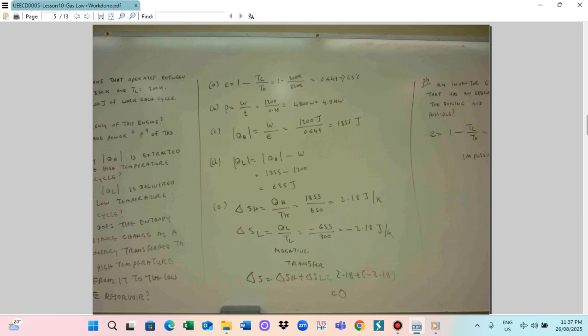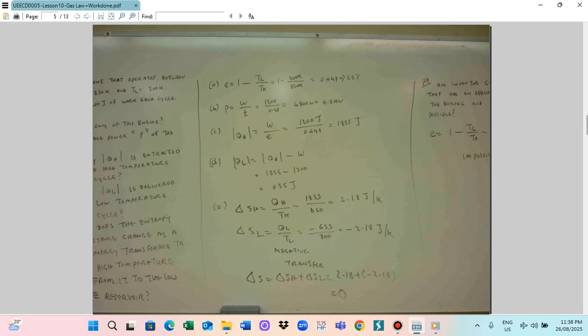For the low temperature entropy change, delta SL is QL divided by TL. This is a negative transfer, since the low temperature transfer is negative. Therefore we put a negative: QL is 655 and TL is 300, so you get minus 2.18 joules per Kelvin.